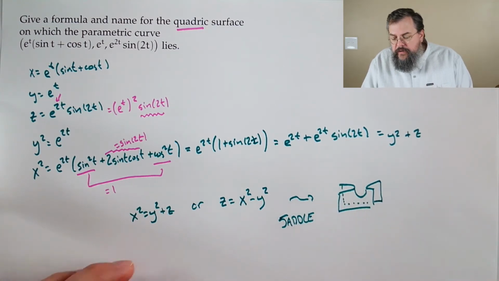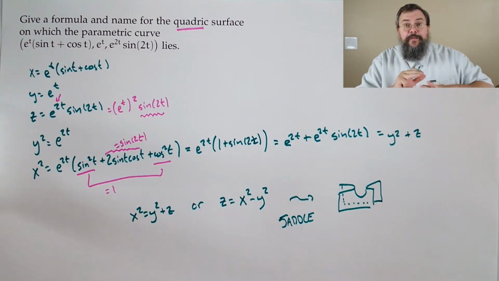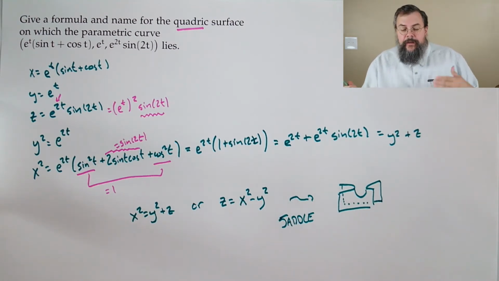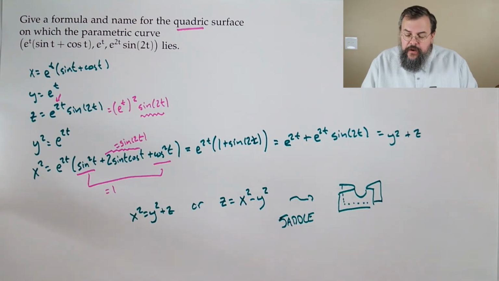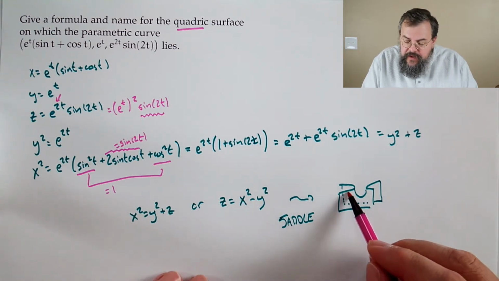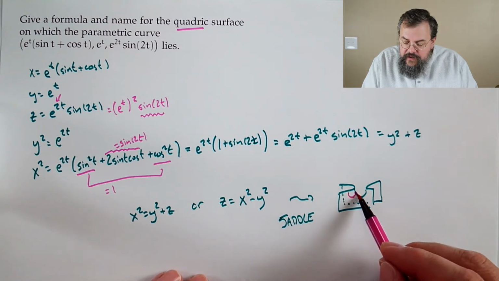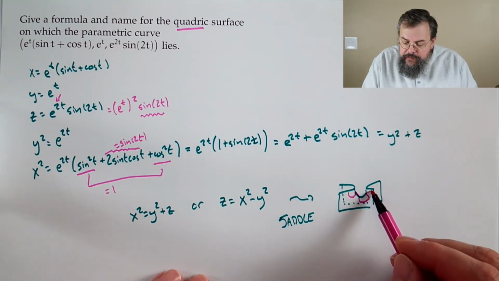Now, of course, it's not that the parametric curve is the whole surface. What we mean here is that if you were to trace out the parametric curve, it sits on the surface. So it's doing something on this surface.